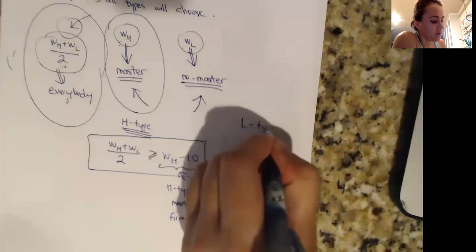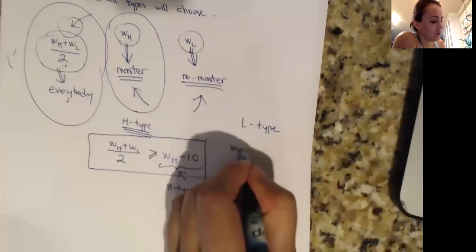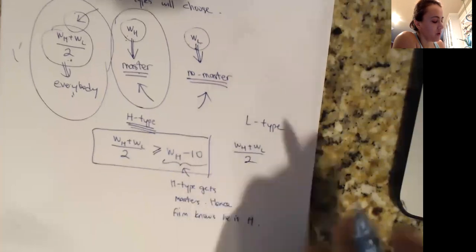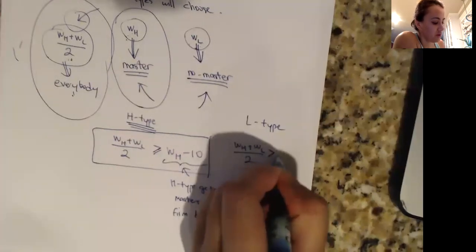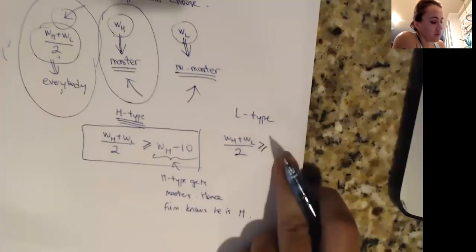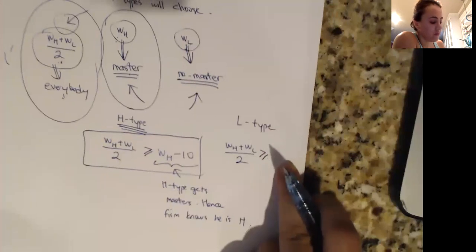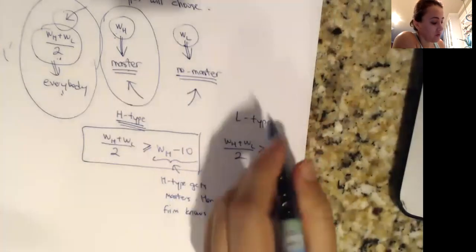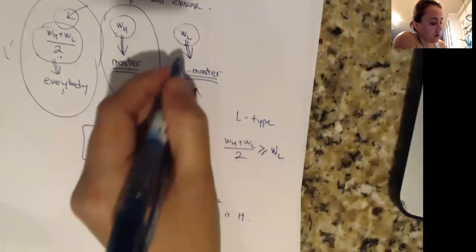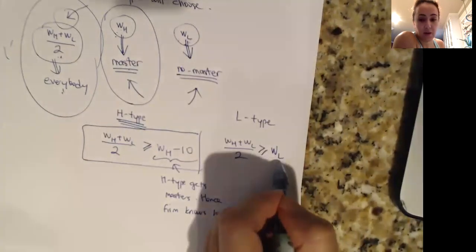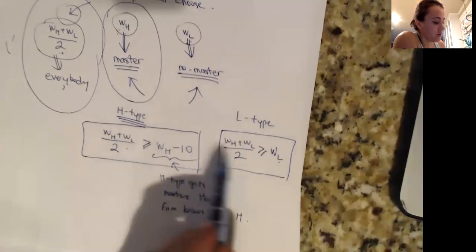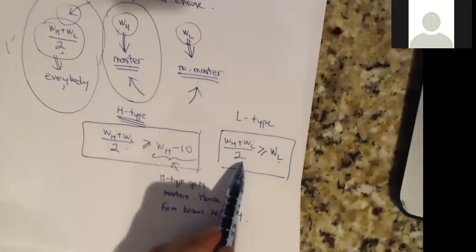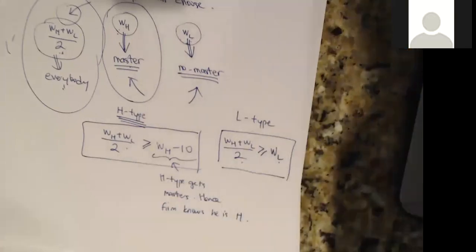For low type, I have a similar constraint. I want the low type to be better off by choosing the pooling wage than choosing the wage that is offered to him. I know that this guy is going to choose to have no master's and will be offered WL. So I want these two things to hold. Why isn't it WL minus the cost of the master's degree?